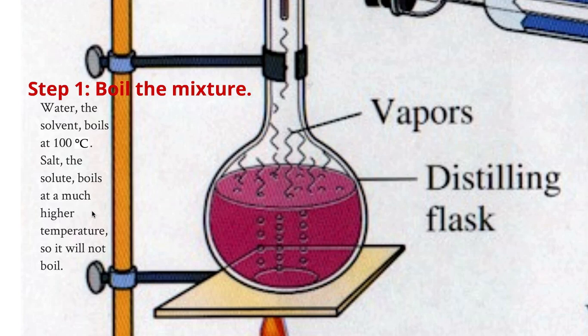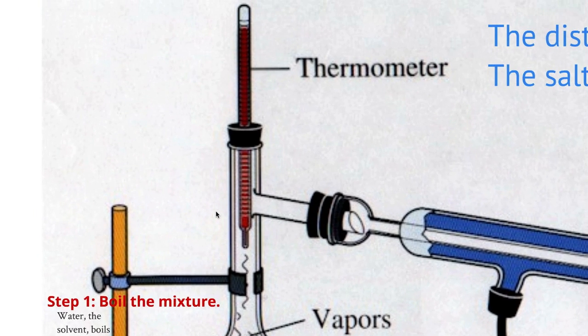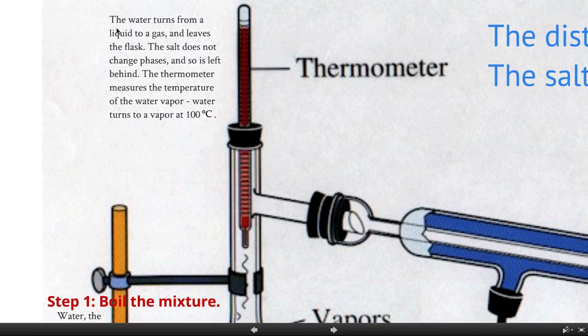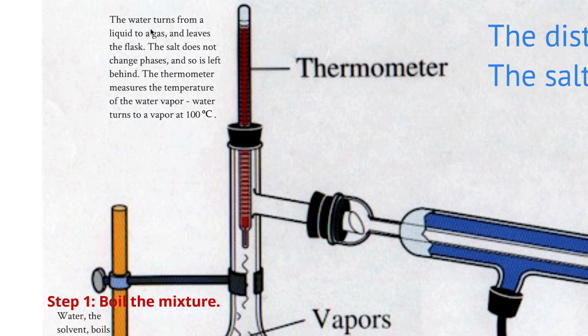The idea of distillation is that it takes advantage of a difference in boiling point. As soon as this hits 100 degrees, the water is going to leave. The salt is going to get left behind. As water vapor travels up, the water turns from a liquid to a gas and leaves the flask.